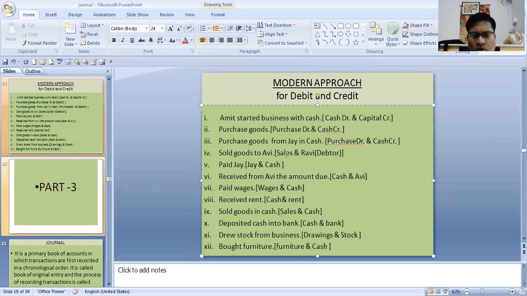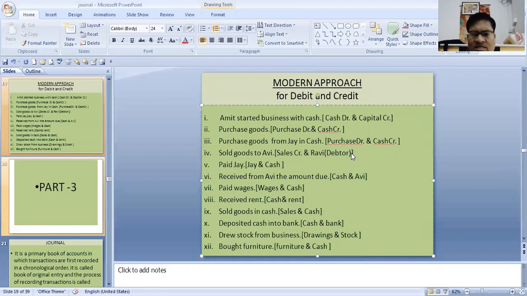Again, sold goods to Avi. No cash transaction is mentioned, so it is nothing but a credit transaction. Credit means the money is not paid. Sale of goods means sale is a revenue. So sales is credited, and any revenue is always credited. And to whom? Debtor.